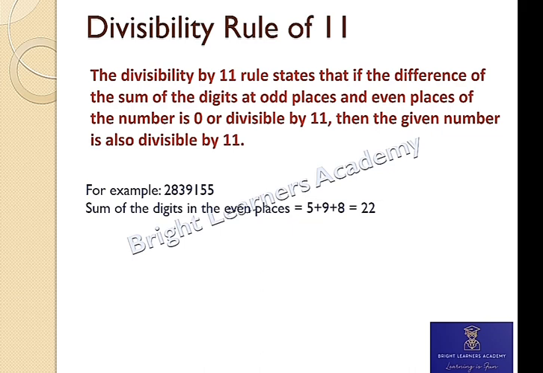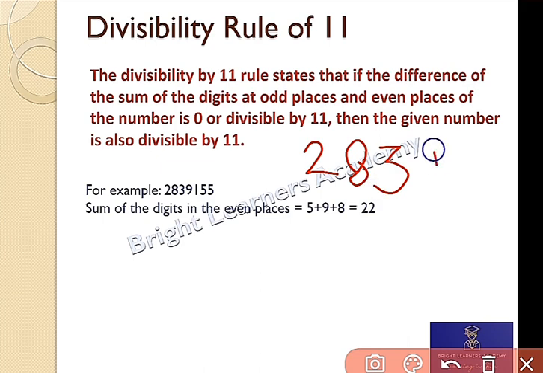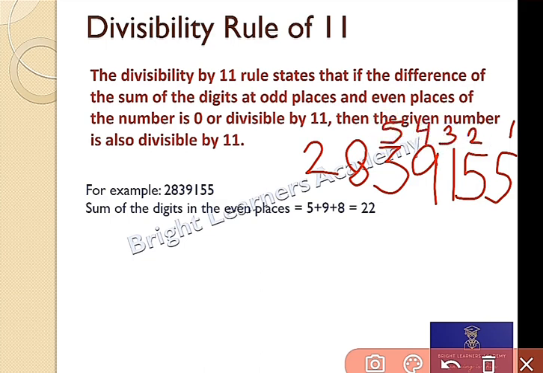Now the second step is to add all the numbers which are at odd places. Let me write the number again. So this was our first, second, third, fourth, fifth, sixth and seventh. Odd places means 1, 3, 5 and 7.